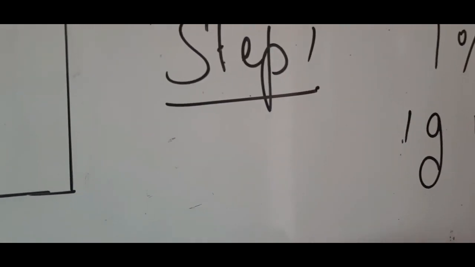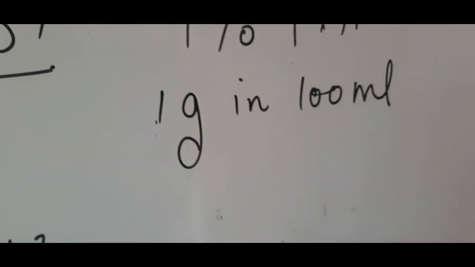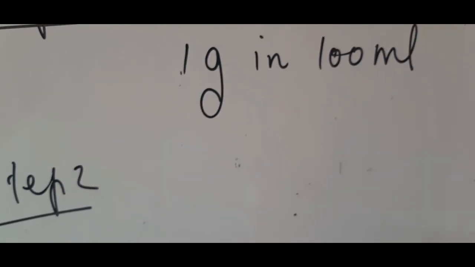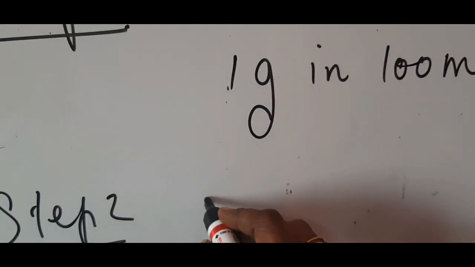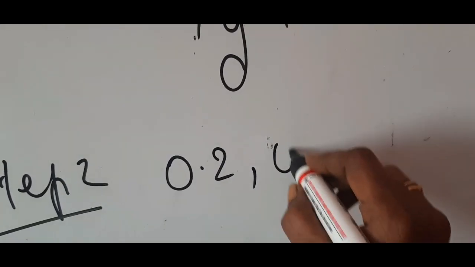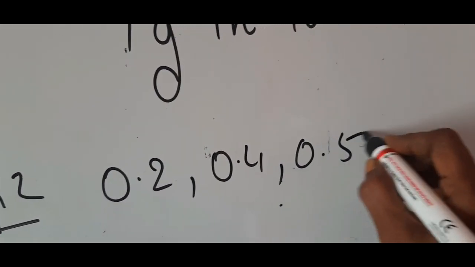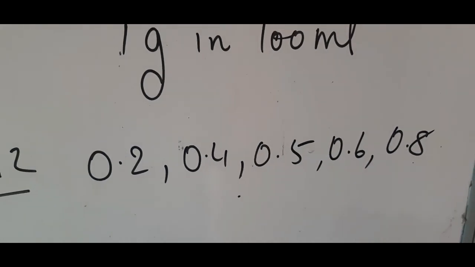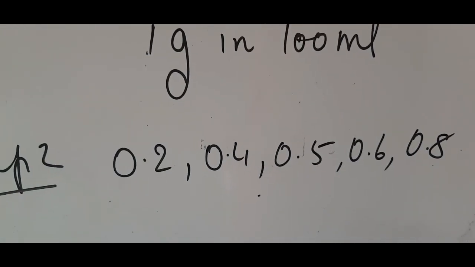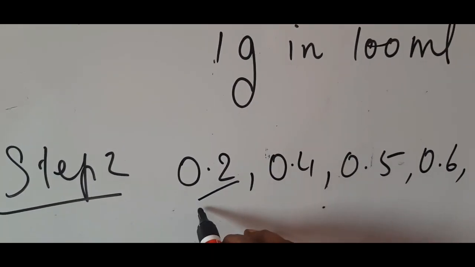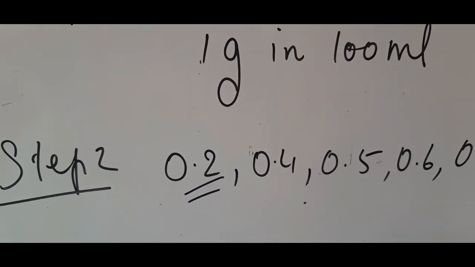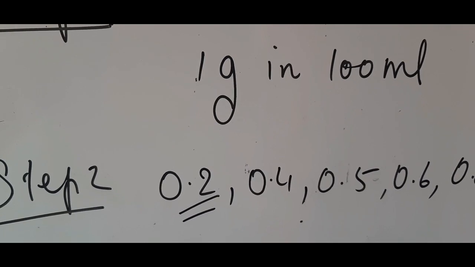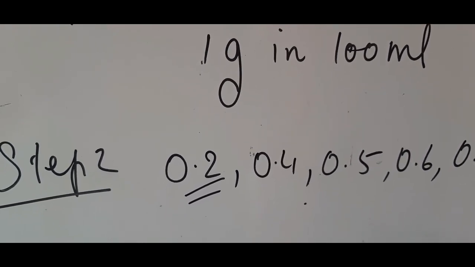In step 2, we need to prepare different concentrations of polyvinyl alcohol solution using this 1% PVA. We will prepare 0.2, 0.4, 0.5, 0.6 and 0.8 concentrations of PVA. To prepare 0.2 concentration, we can take 20 ml of 1% PVA and dissolve it in a 100 ml standard flask.